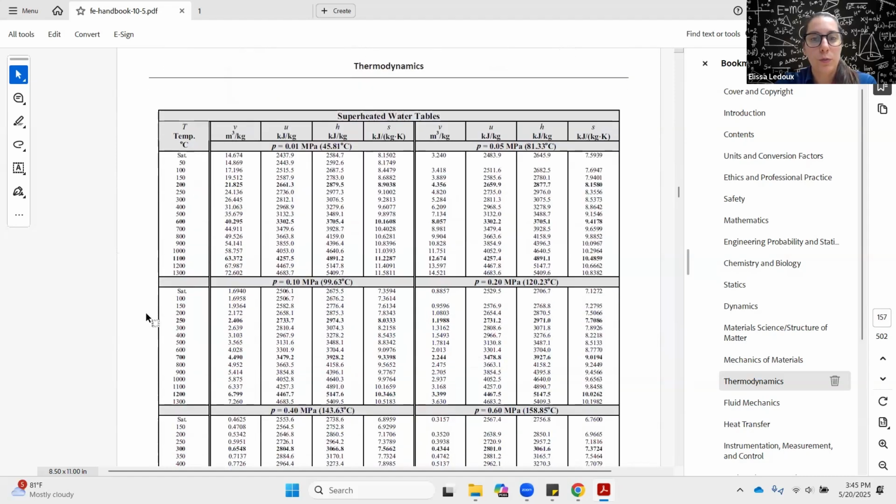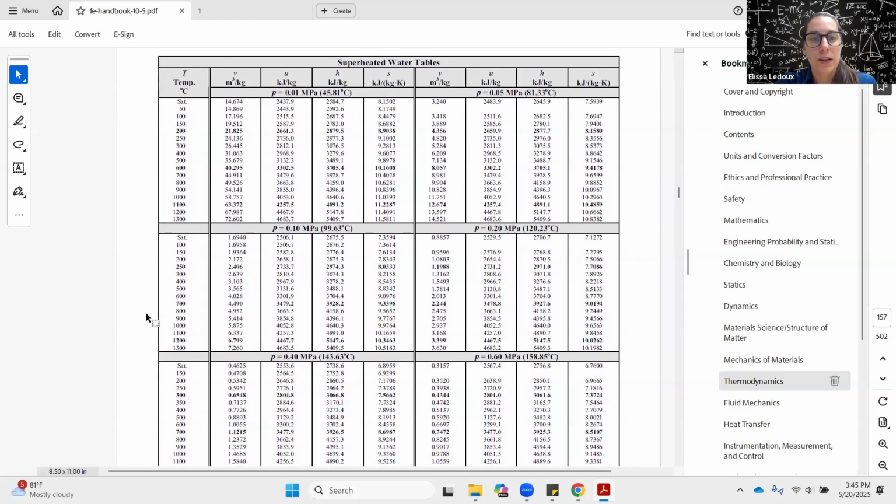Now for superheated water, so this is going to be extra hot, then we have a temperature column on the left, and then we have a whole different group for different pressures. So depending on what pressure you're at, there's a minimum temperature for steam to exist at that pressure, because sometimes, if your pressure is too low, then it won't possibly be steam, it'll just be water.